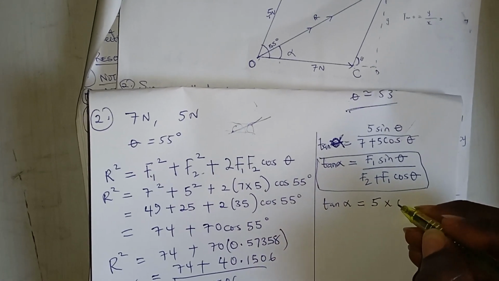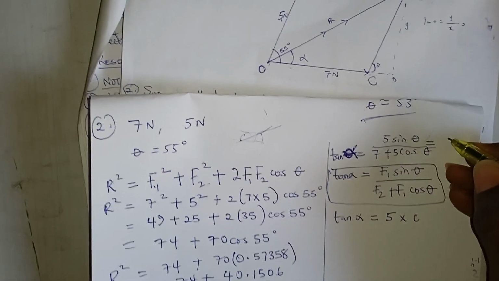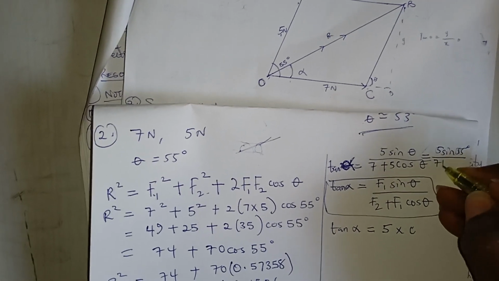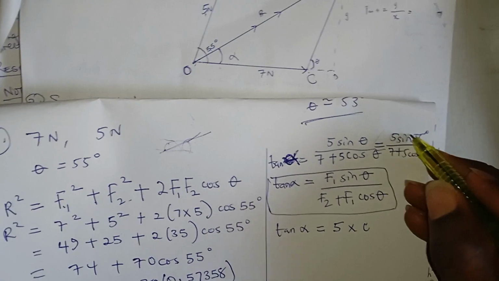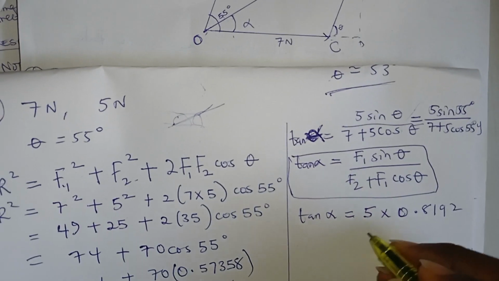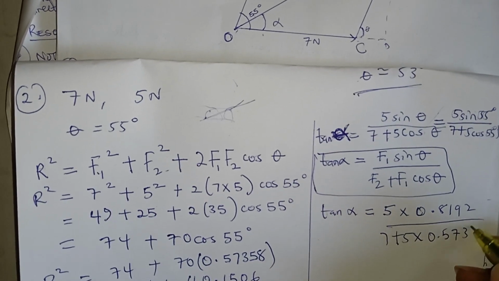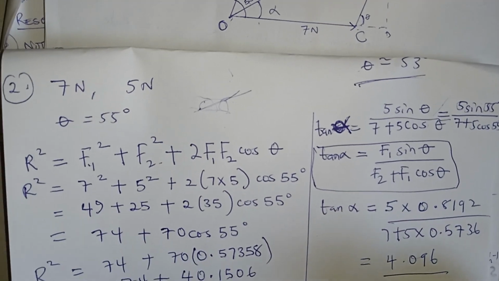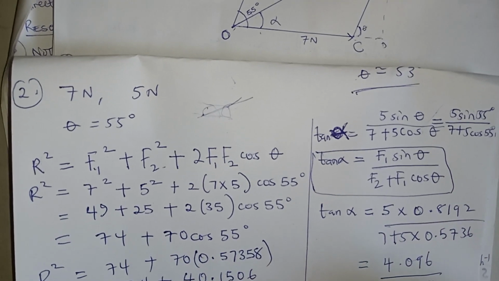So if you can note this formula, plug in what we have: tan theta equals 5 times sine 55 degrees all over 7 plus 5 cos 55 degrees. If we solve this, we have 5 times 0.8192 all over 7 plus 5 times 0.5736, which equals 4.096 all over 9.868, which equals 0.4151.